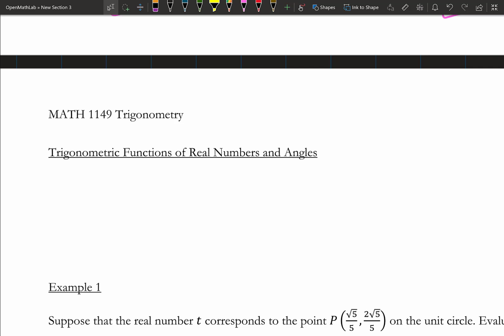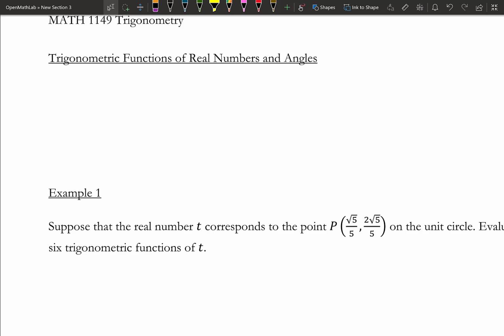Right, so just to reiterate another fact, we have trigonometric functions of real numbers and angles. So what we can say is that if theta equals t, if we have that situation, t radians, then sine of t equals sine theta.